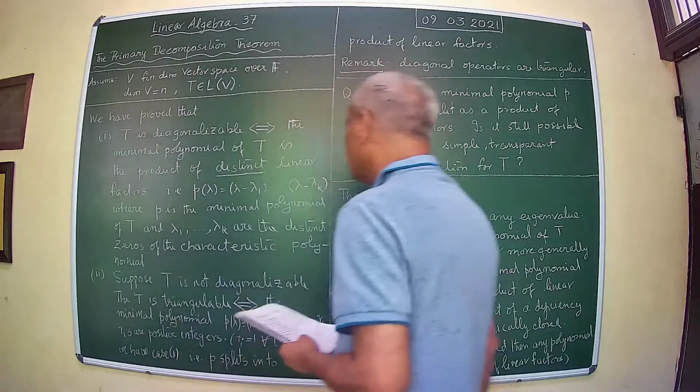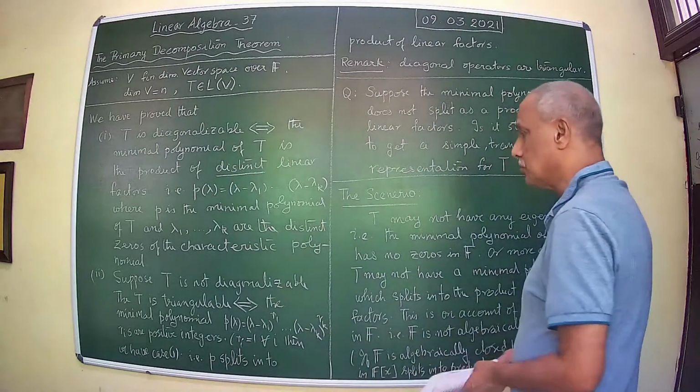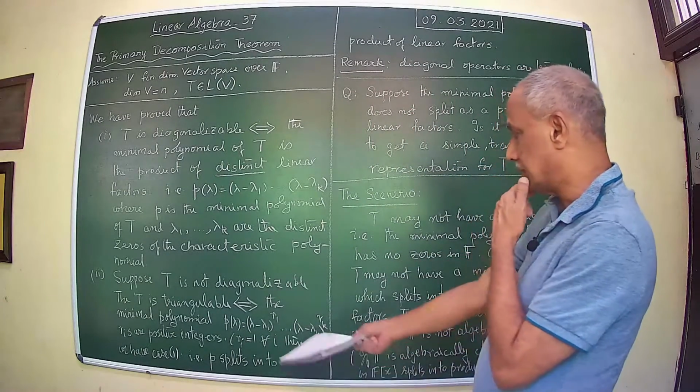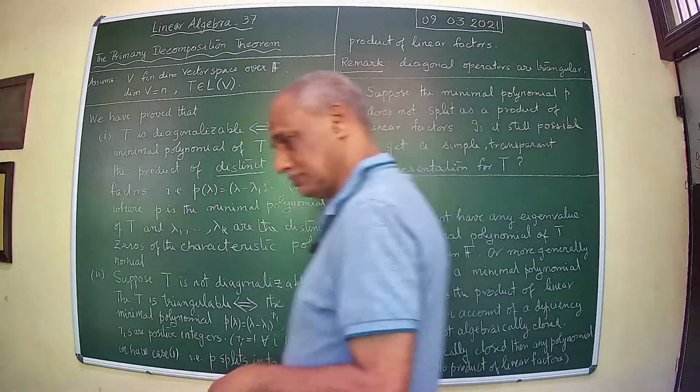The second problem leads to this particular case: T is not diagonalizable.